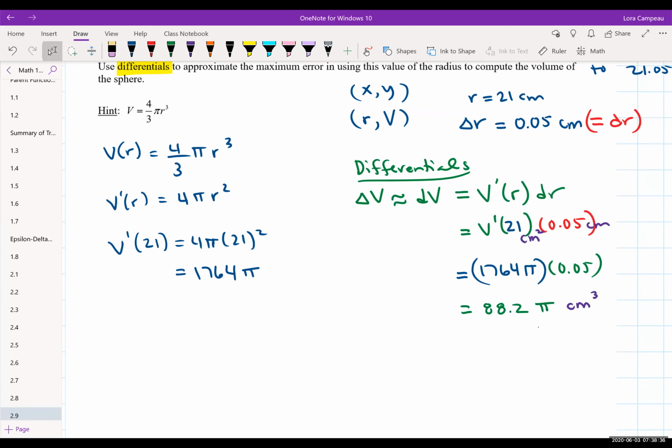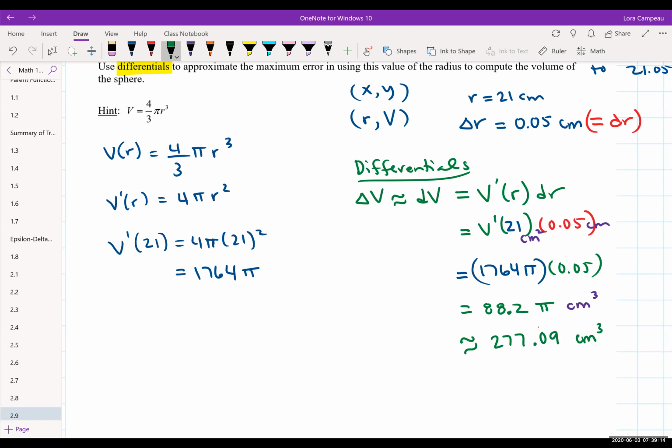Sometimes you can't picture things when you're speaking in terms of pi. This is where it's a little nicer if we approximate. Let's have our brains think about what number we're getting. Using the pi button on my calculator, I'm getting approximately 277.9 cubic centimeters. That gives me an idea.